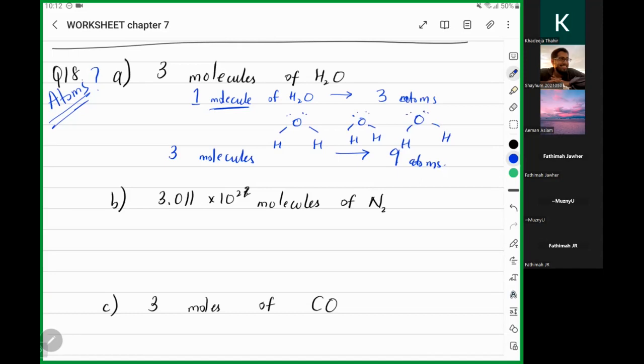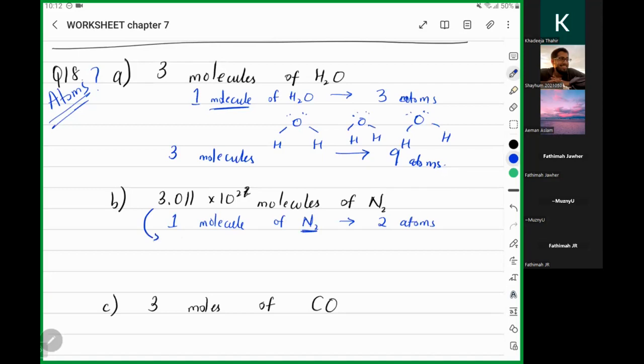Next one, 3.011 into 10 to the power 22 molecules of N2. So again, you have to just compare one. One molecule of N2 is how many atoms? 2 atoms, no? Because it's just 2 nitrogens.